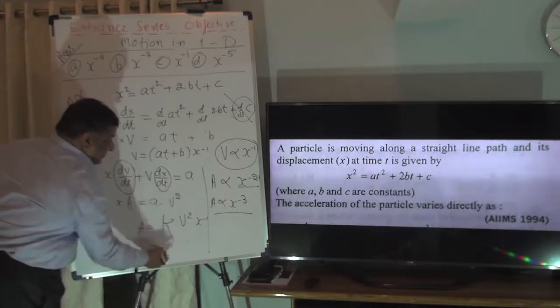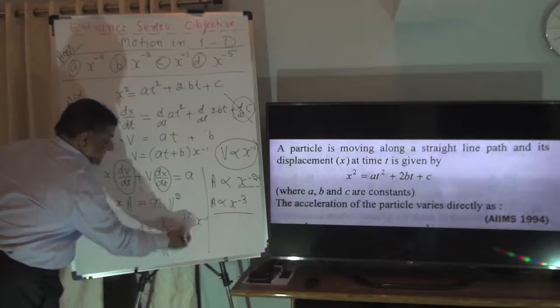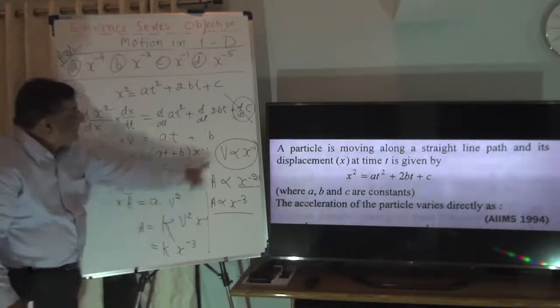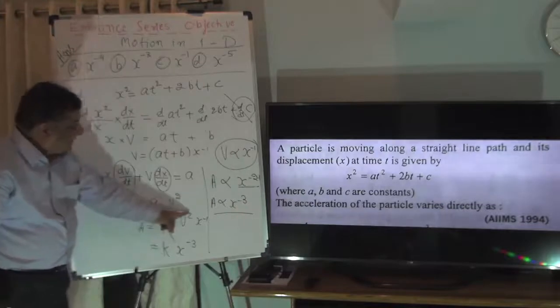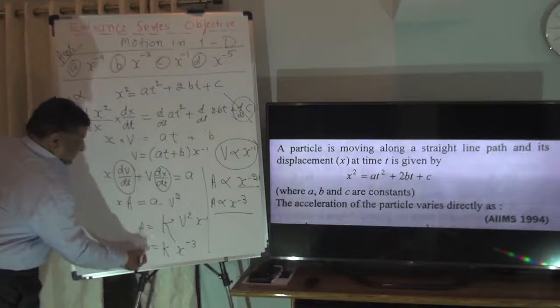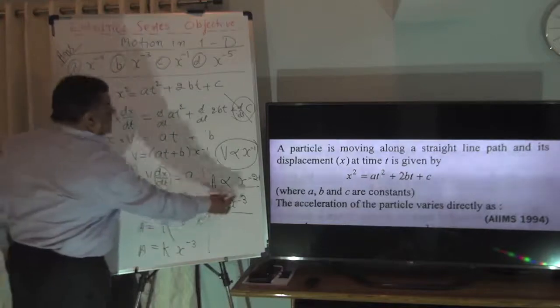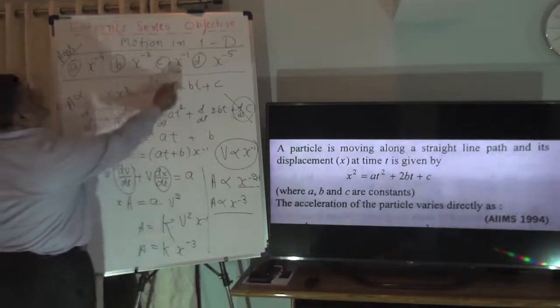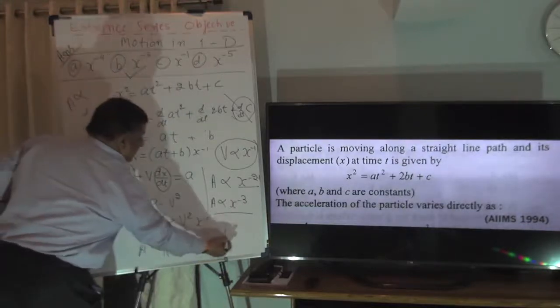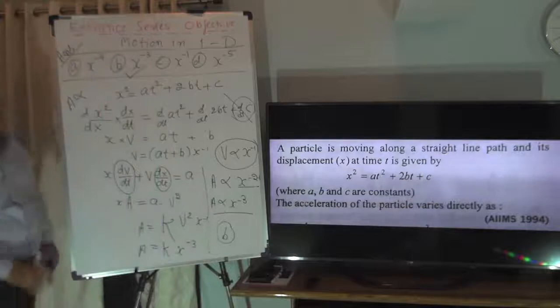This is proportionate to a constant times x to the power minus 3, because we have proved minus 1, minus 2 and minus 1, minus 3. So A is proportionate to x to the power minus 3. So our right option is B. B is the right option.